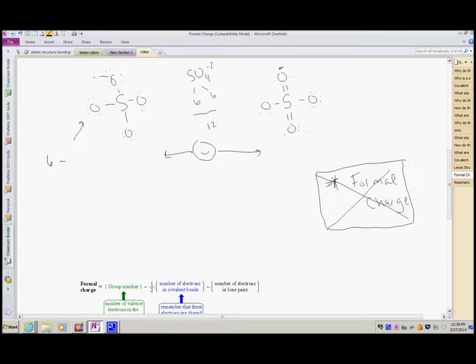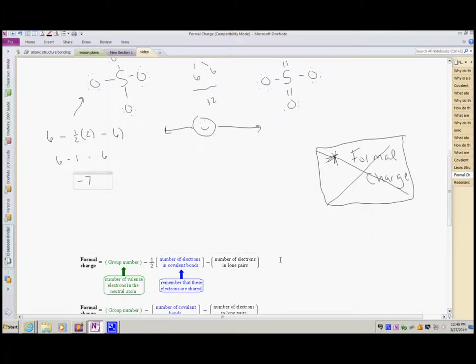So 2 electrons are in bonds, so it'll be minus 1/2 times 2, and then minus the number of electrons in lone pairs, 2, 4, 6. That would be 6 electrons. So in this case, this would be 6 minus 1 minus 6, which would be equivalent to a negative 1.